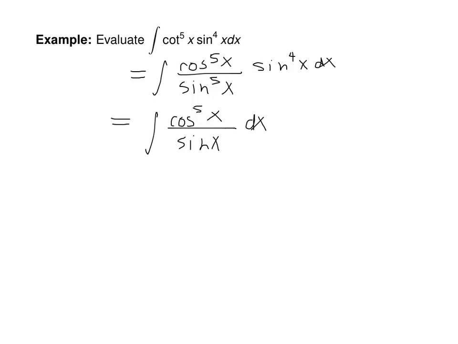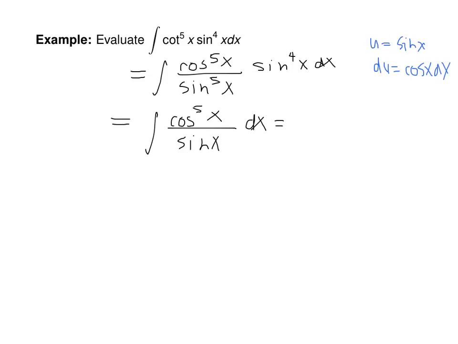Now because that sine's in the bottom, it can't be part of my du. So say if I were to try to let u equal cosine. So what you're probably going to be forced to do here is to let u equal sine of x. And then du will equal cosine x dx. So we save one of those cosines.